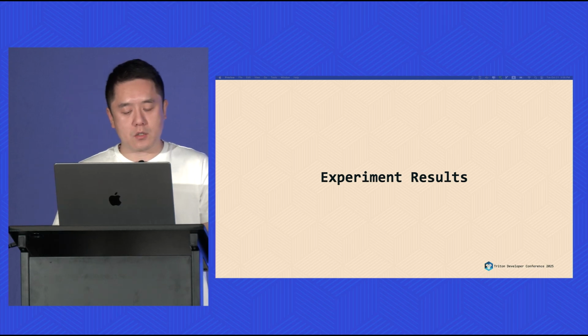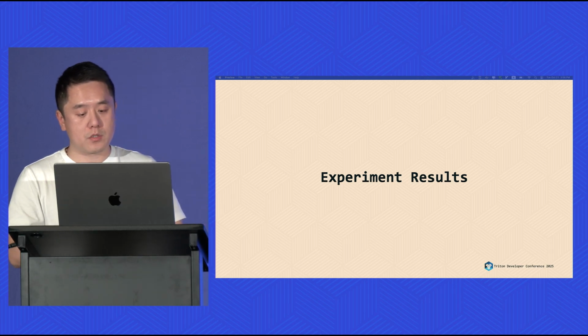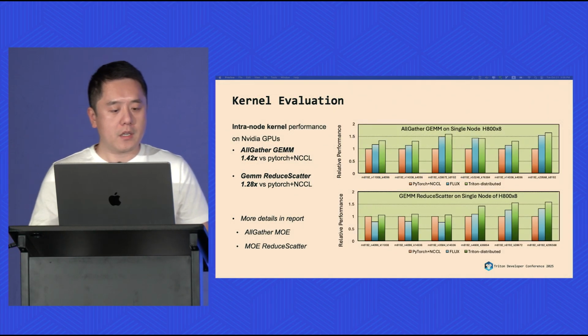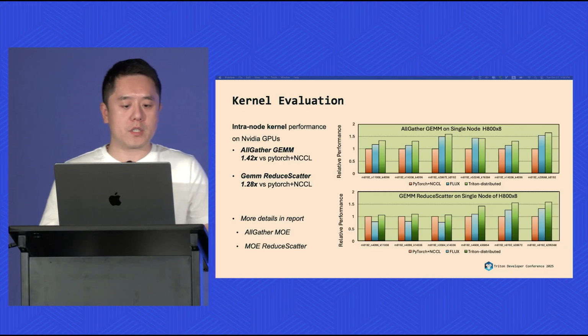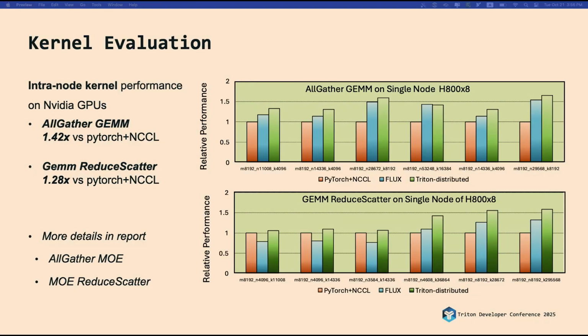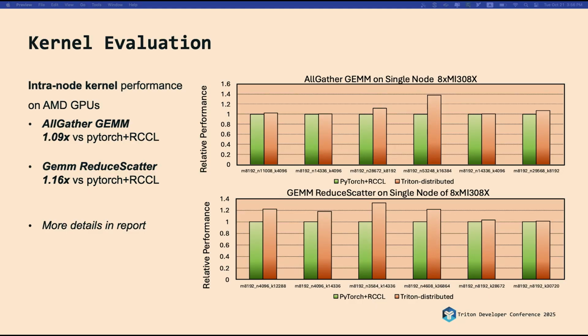So let's take a look at the experiment results. Here we first have the kernel-level evaluation. For the intra-node kernel performance on NVIDIA GPUs, for AllGather GEMM, we can reach a 1.4x speedup compared to PyTorch plus NCCL. And for GEMM ReduceScatter, we can reach roughly 1.3x compared to NCCL.